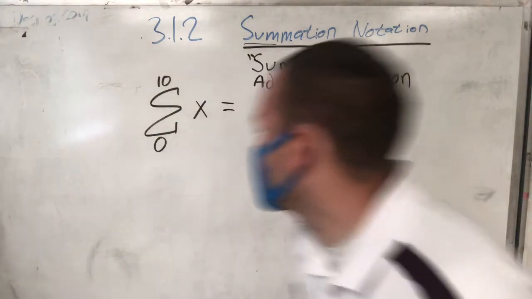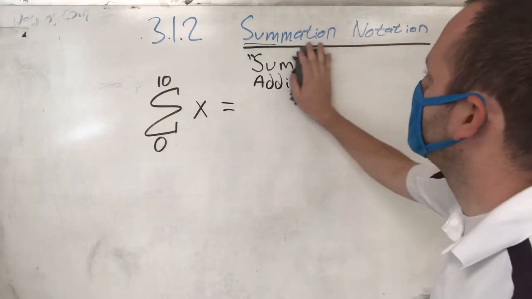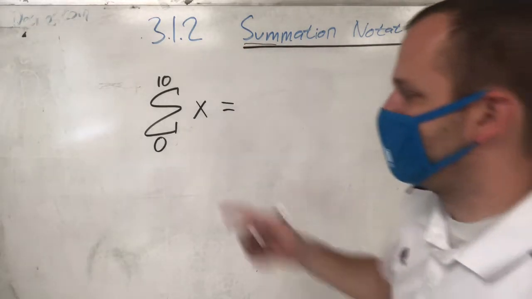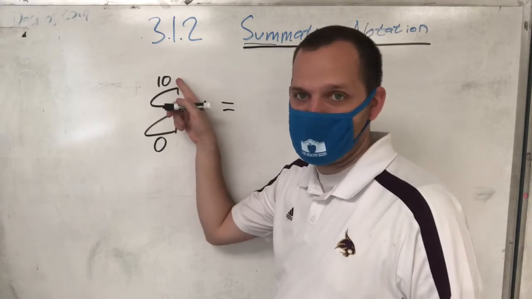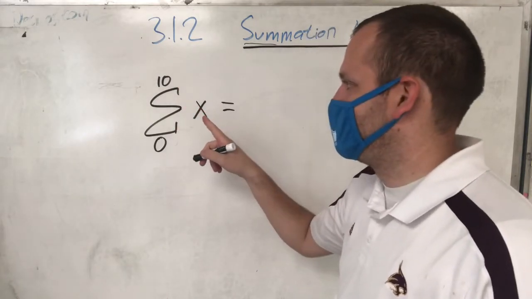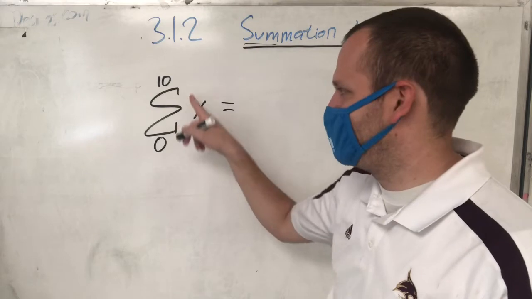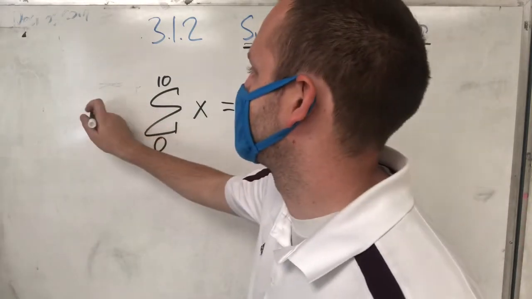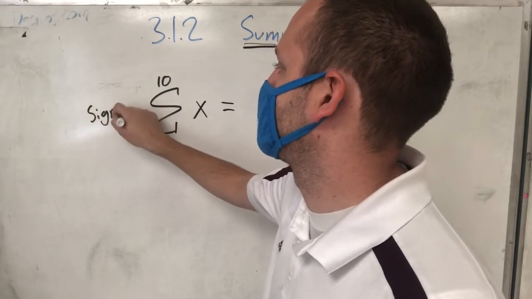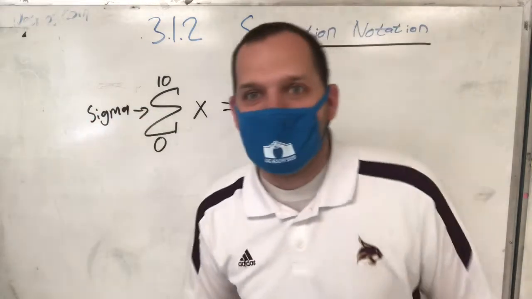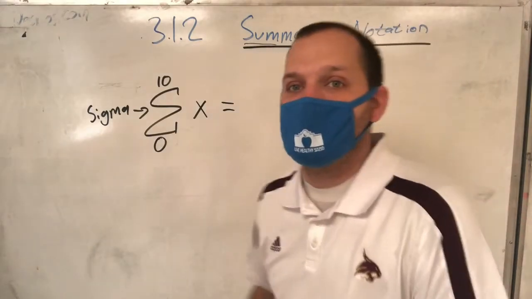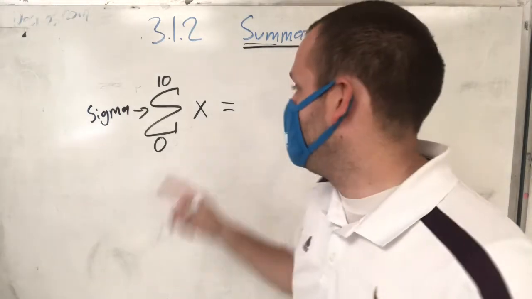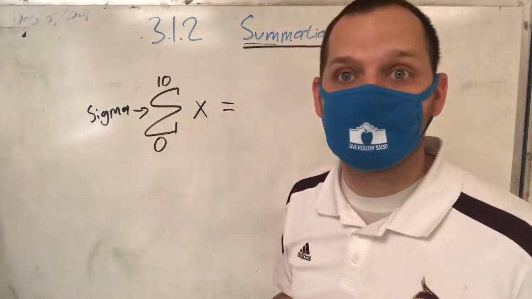All right, so let's look at the notation, what this means. So here we have from 0 to 10, x, an equal sign, and this weird E looking thing. It's a sigma. That's sigma. Well, what does this mean? What this means is we want to add the numbers 0 to 10 together using the formula x.